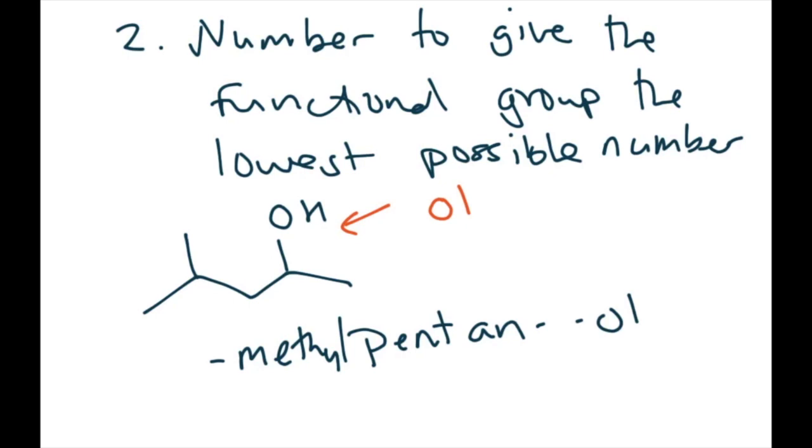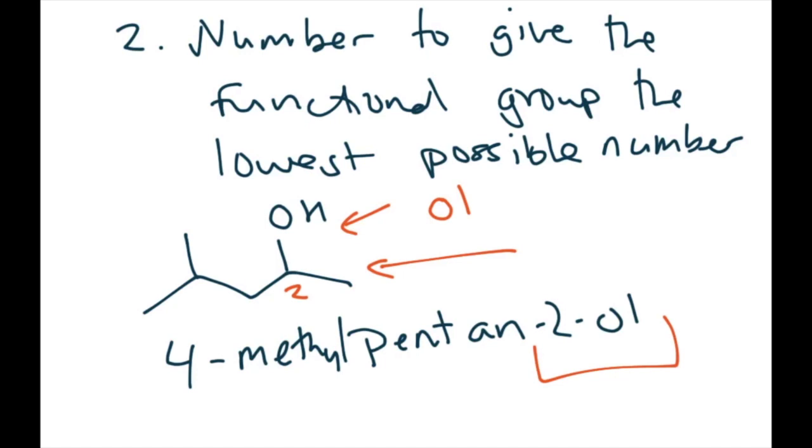You're going to number this way, so that makes the alcohol 2. So you don't care about the substituent number. The alcohol is going to be 2. So it's going to be 2, 4. So you always number to give that suffix the lowest possible number.